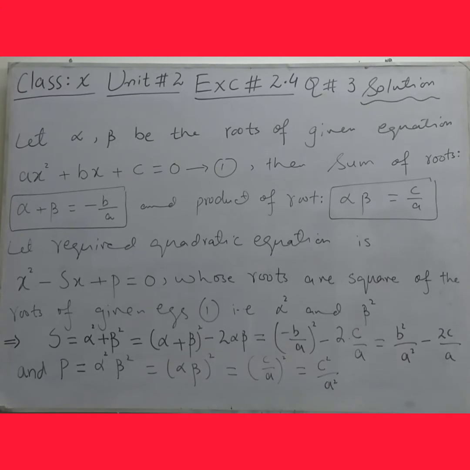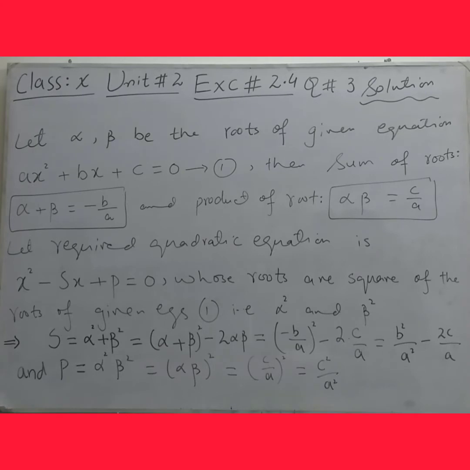Now question number 3 of exercise 2.4 is: form a quadratic equation whose roots are the square of the roots of the equation ax square plus bx plus c is equal to 0.